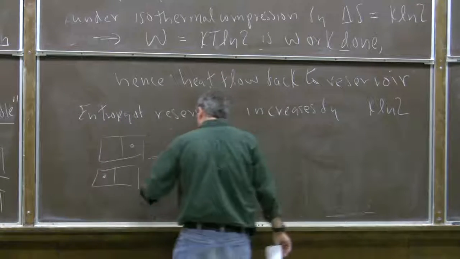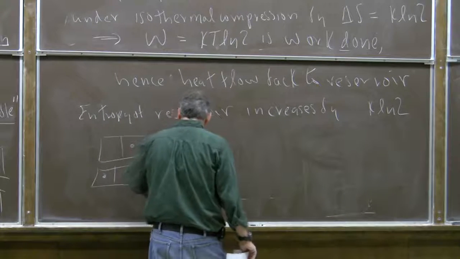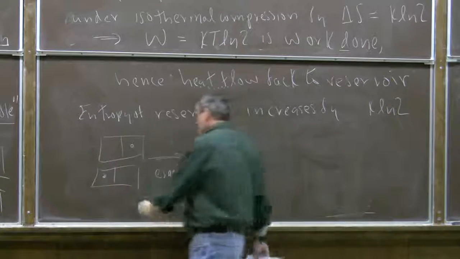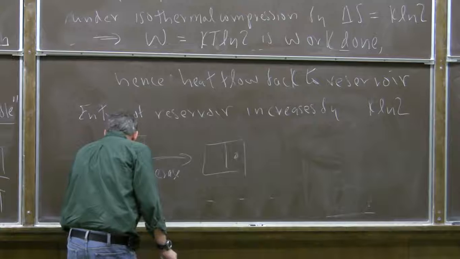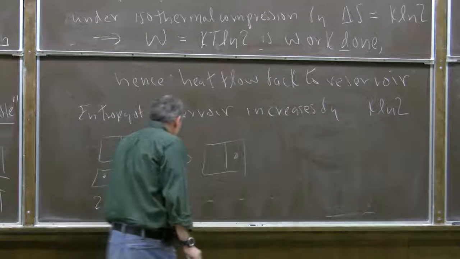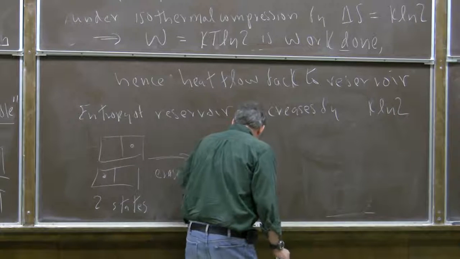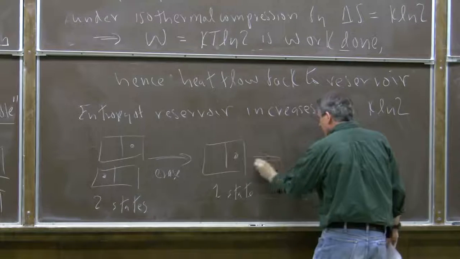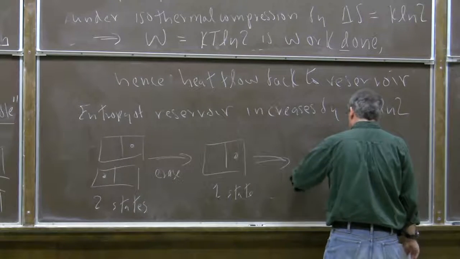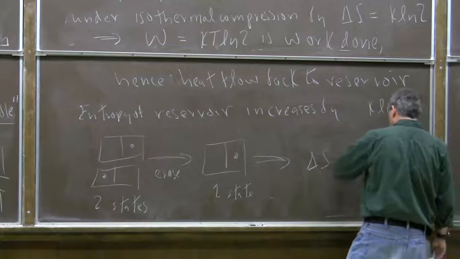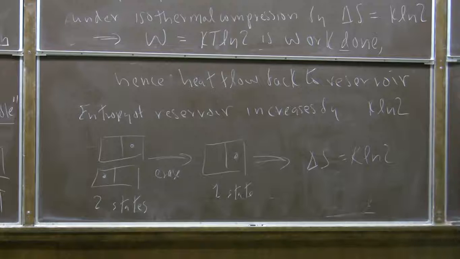When we erase, no matter what, we want it to be here. And here there were two states. Here there's only one. We've lost one bit of information, and so we've reduced the entropy by k log 2, and there's no way we can get around it.